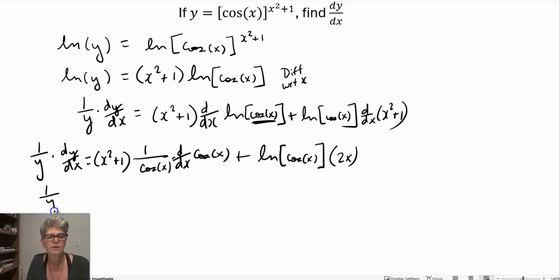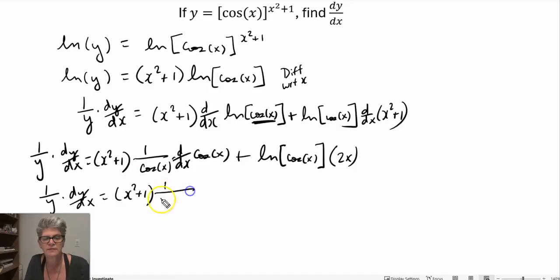So I'm just going to keep going. I'm going to have x squared plus 1, then 1 over cos x times the derivative of cosine x, which is minus sine x. And I'm going to multiply that in the numerator there.